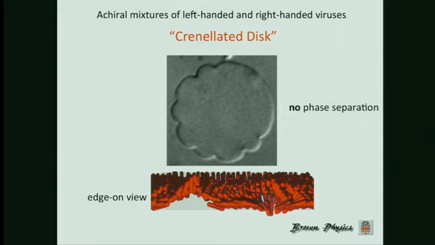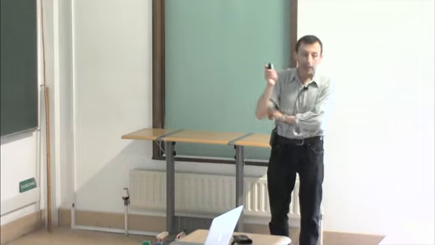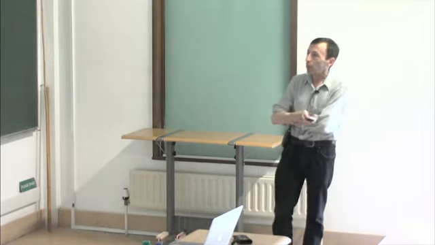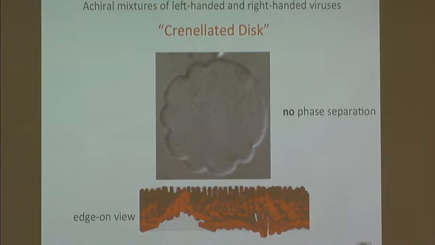But now you can ask what happens if you make achiral mixtures of left-handed and right-handed viruses. I'll show you a movie in the next slide as to where this structure comes from. But basically, what they find when the dust has settled in these achiral mixtures is that they get structures like this, which have been termed crenellated disks.